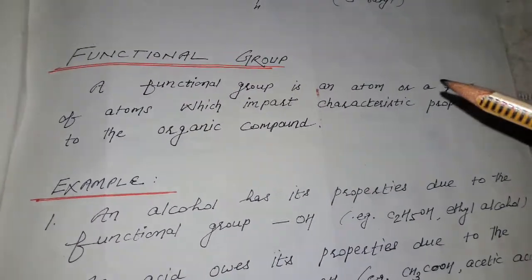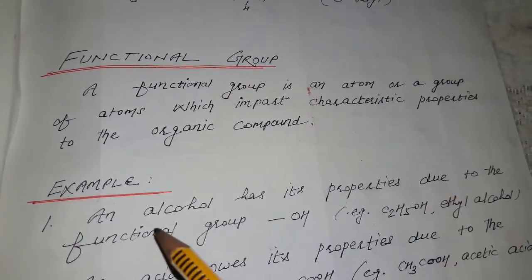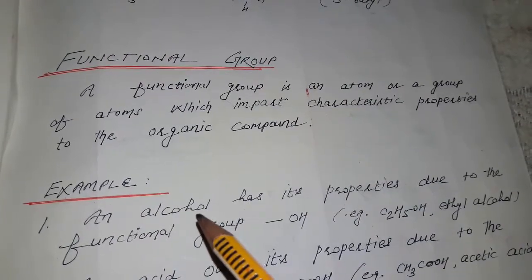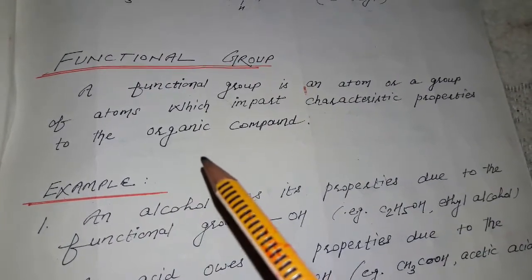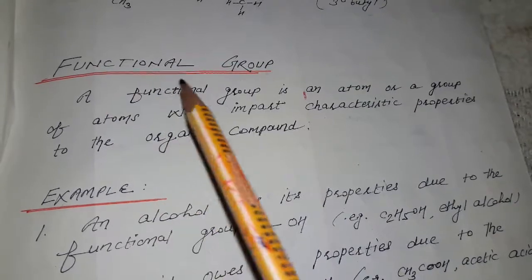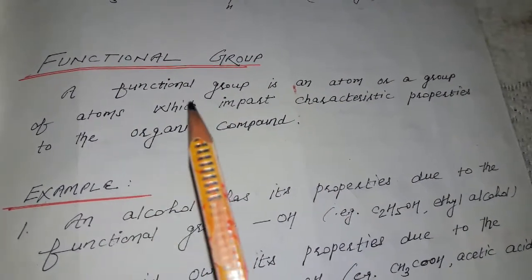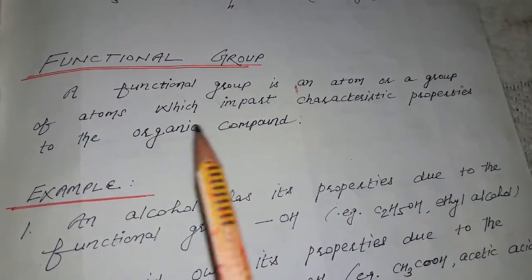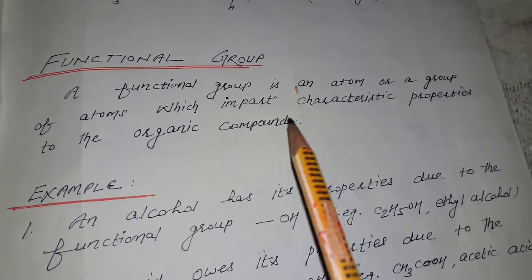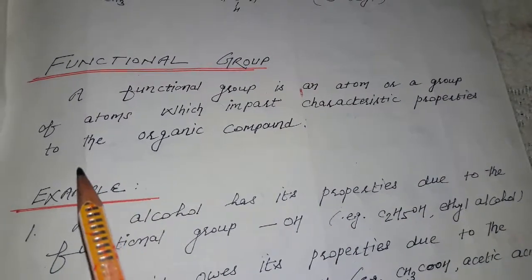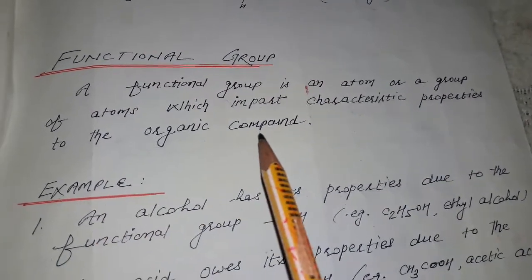Before naming, you must know about the functional groups, their structures, and their names as a prefix or suffix. So what is a functional group? A functional group is an atom or a group of atoms which imparts characteristic properties to the organic compound.